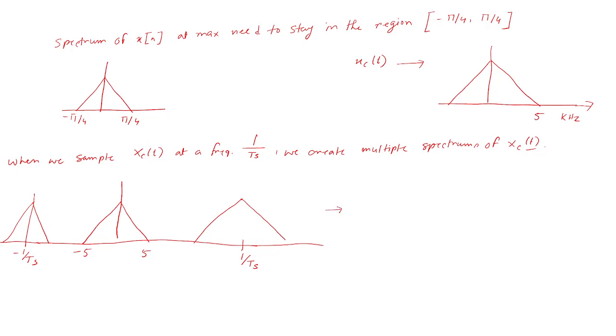Now if you move the spectrum into the discrete frequency domain, this 1 over Ts, which is nothing but Fs, translates to 2 pi, and rest of these things. So if it becomes 2 pi, you can see this.